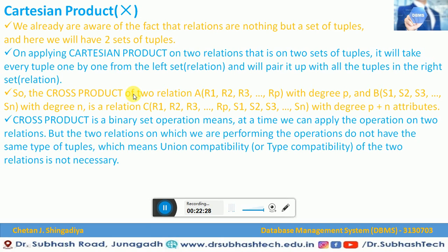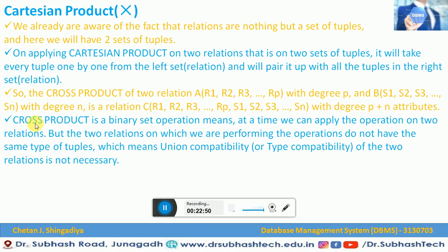The cross product or Cartesian product of two relations, relation A with attributes R1, R2 till Rp with degree p, and B with attributes S1, S2, S3 till Sn with degree n, is a relation C with attributes R1, R2, R3, Rp and S1, S2 till Sn, with degree p plus n.